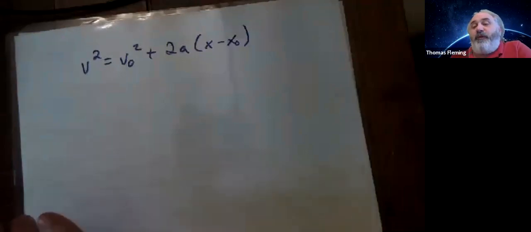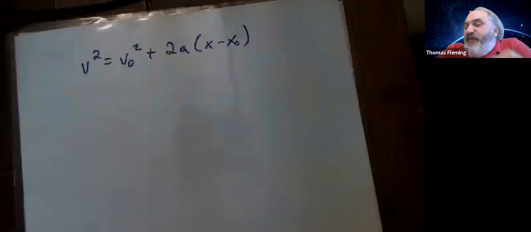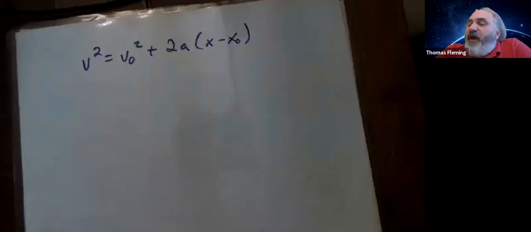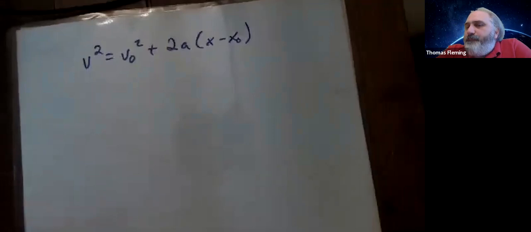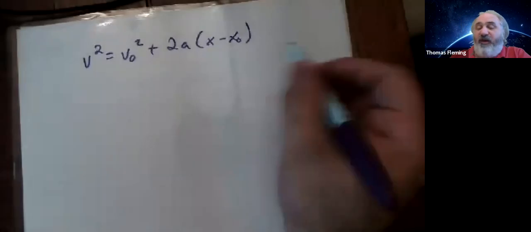So we're going to do that here. Now, the thing that I'm going to choose to multiply both sides of that equation by, I'm kind of pulling this out of thin air a little bit, but it's because I know where I'm going. I'm going to choose to multiply both sides of this equation by the mass of whatever object we're talking about. So let's multiply both sides by m.